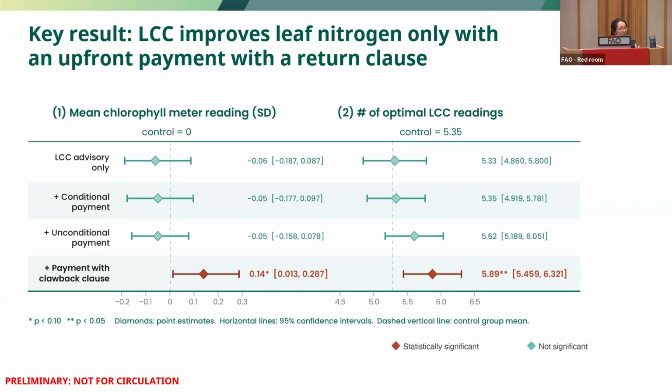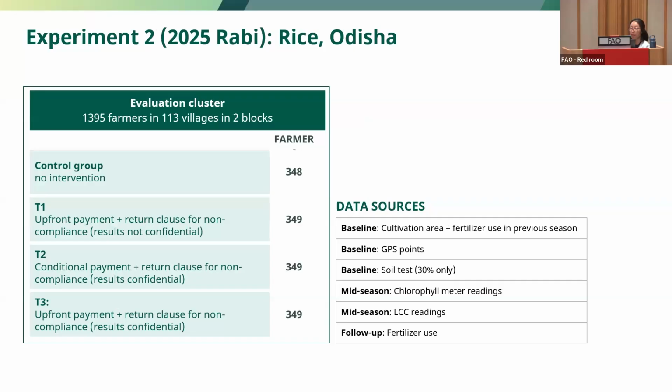You could do a lighter version where you say, we reserve the right to ask you to return the money, and there's some probability of being verified. And that reduces the cost of the program substantially. So that's the key result from the first experiment.